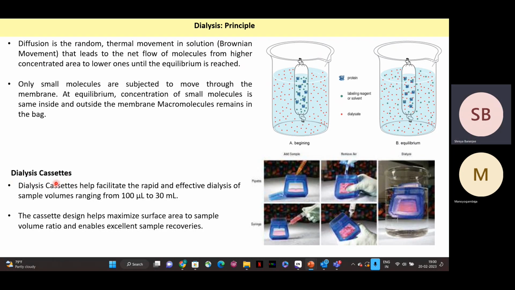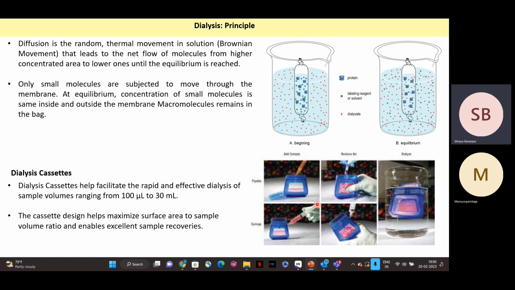There are instruments called dialysis cassettes, which is basically this cassette shaped thing, and you can pour the protein solution inside and allow it to equilibrate in a beaker of your dialysate.